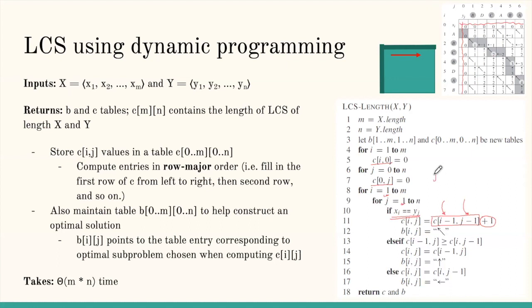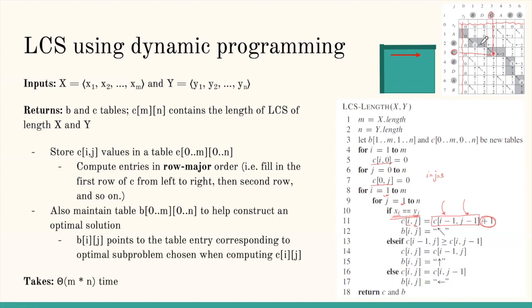Let's take the example of i equals j equals 3. When i equals j equals 3, that means we are at this cell. Our x3 is C and y3 is also C. At this position, we have xi equals yj because C equals C. And the way we calculate Cij, or C33, at this point is C22 plus 1.